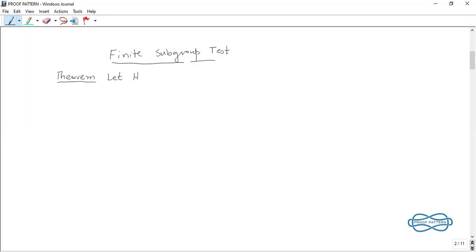Let H be a non-empty finite subset of a group G. Finite means the number of elements in H are finite. Okay.